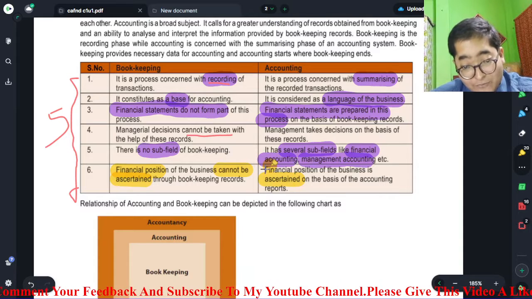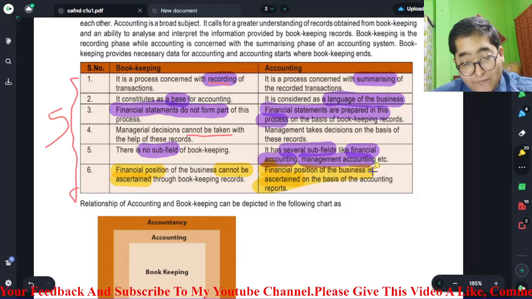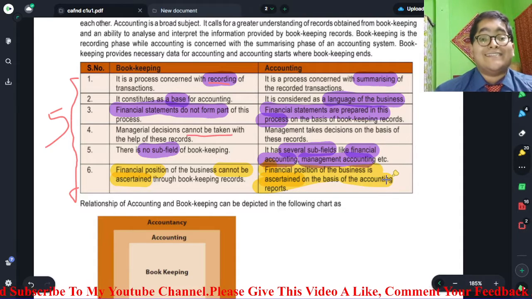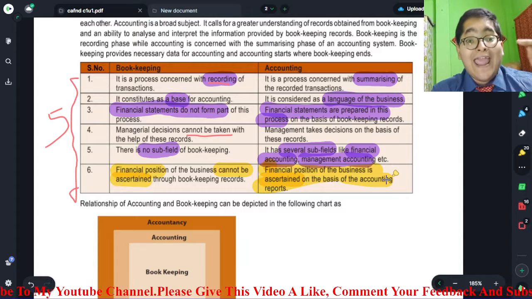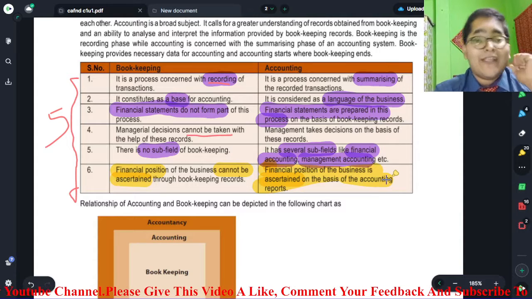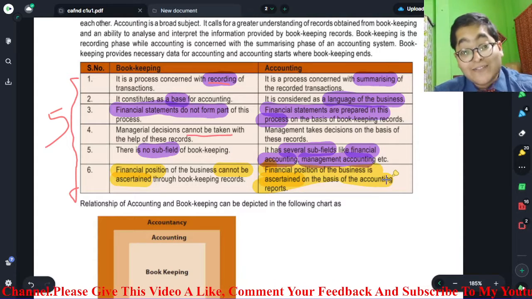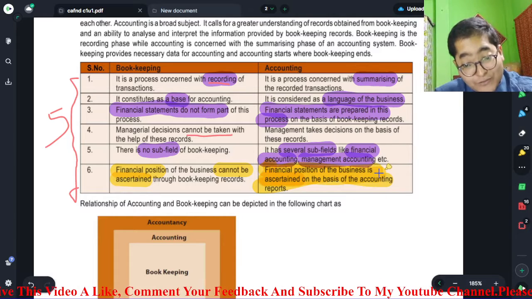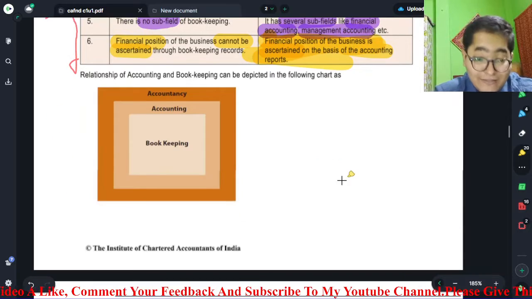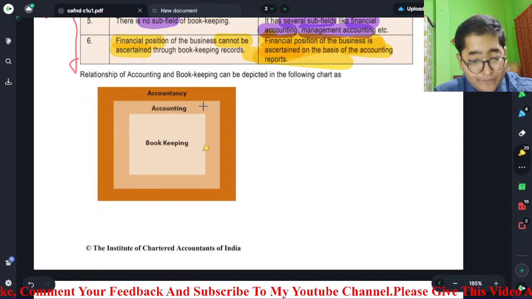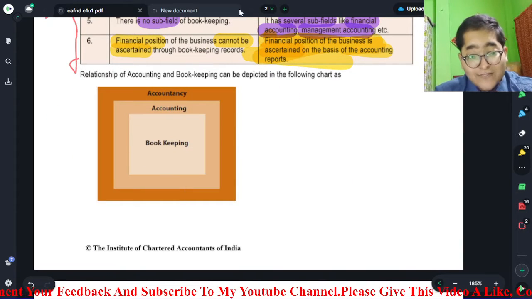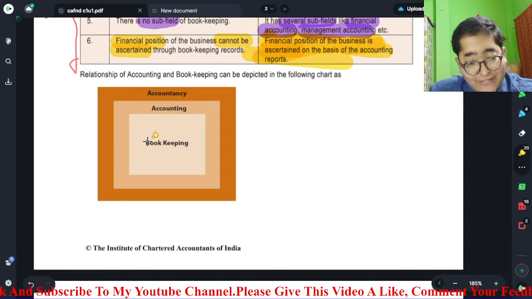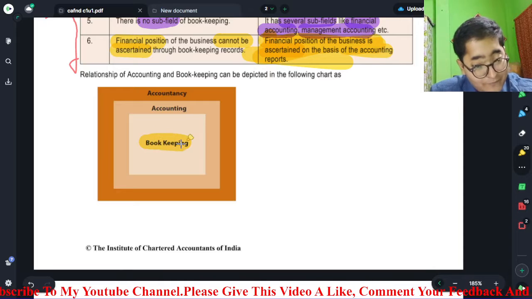The financial position of the business can be ascertained through accounting, because accounting is analyzing, interpreting and communicating of financial information. That is why, through interpreting, analyzing and communicating, the financial position of the business can be ascertained. So from this discussion, it is very evident that bookkeeping is the base.